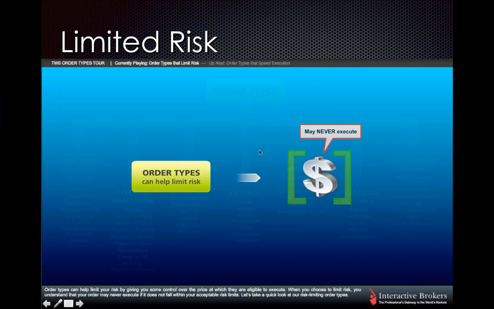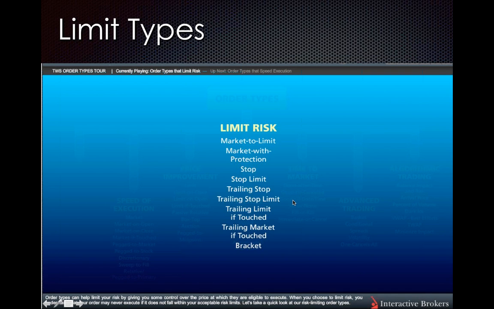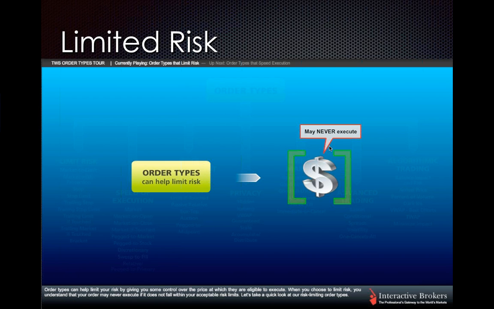Okay, so what is the limit again? Limit is your protection. You might not get the order if you're limiting your risk too much and it's away from the market, right? So it gives you, of course, protection, but sometimes it's irrelevant. So when you place a limit order, you might not get your position.